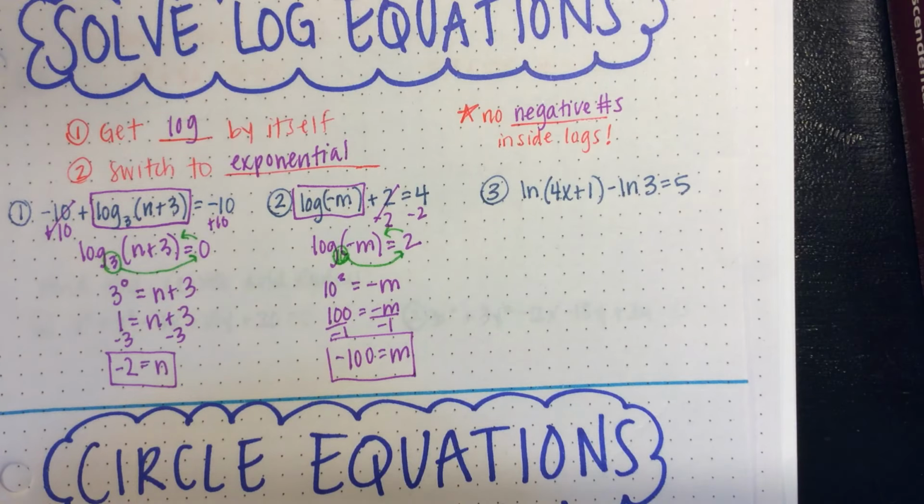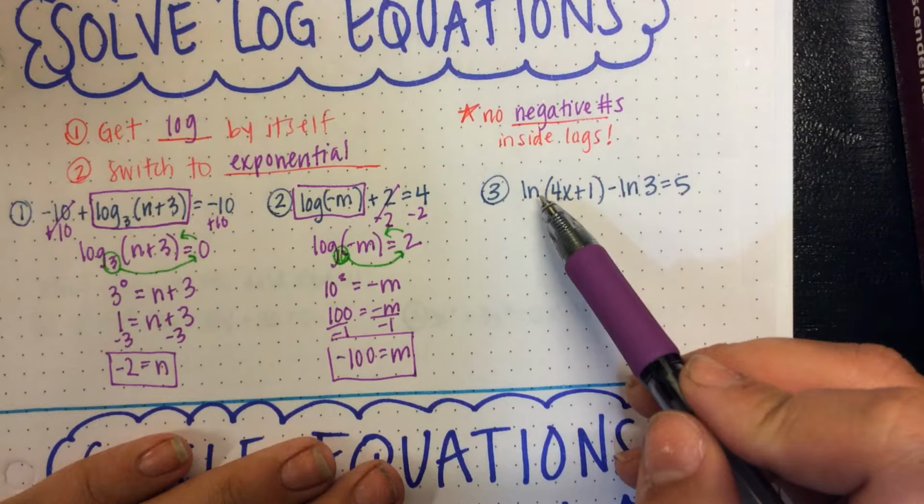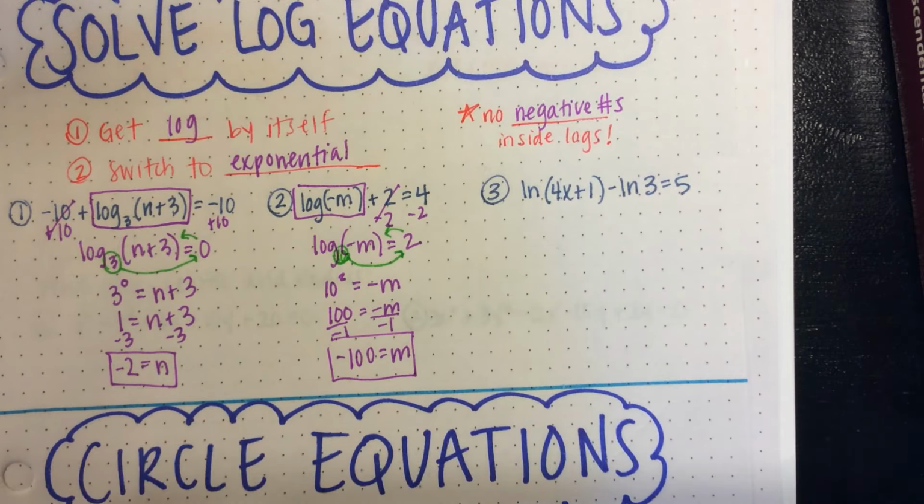Okay, and then for number 3, same idea, but now I have natural log. Remember, natural log is just like a log. It's a type of logarithm. It's just that it only goes with e. So keep that in mind. Plus, this one's also a little different because I have 2 natural logs over there. And how on earth am I supposed to get one natural log by itself, right, if I have 2? First, we got to combine them. So this is where our properties come in. I have a natural log minus a natural log.